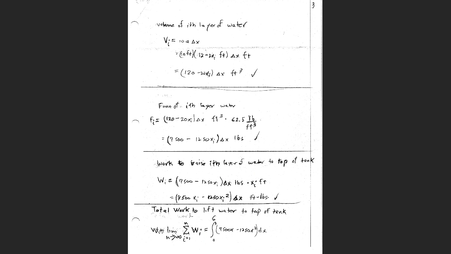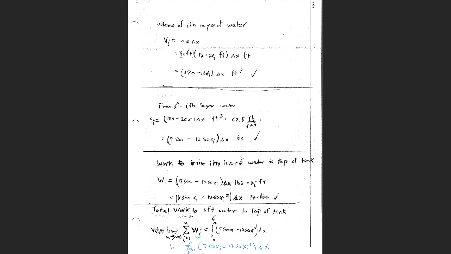This Riemann sum, i goes from 1 to n. And what's W sub i? It's 7,500 xi minus 1,250 xi squared delta x.